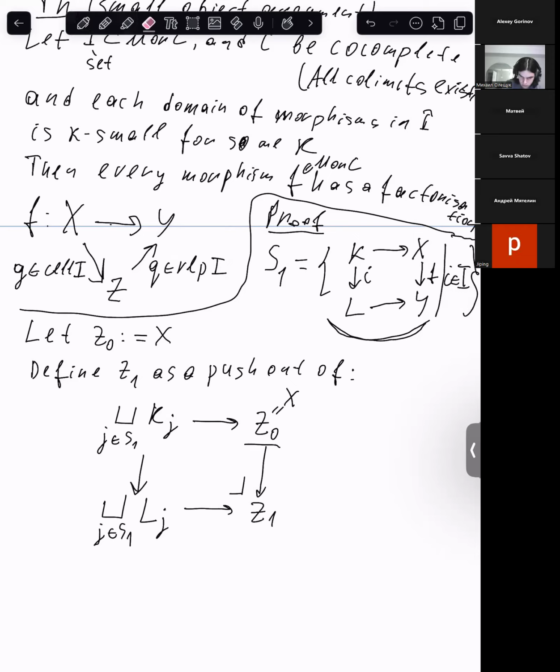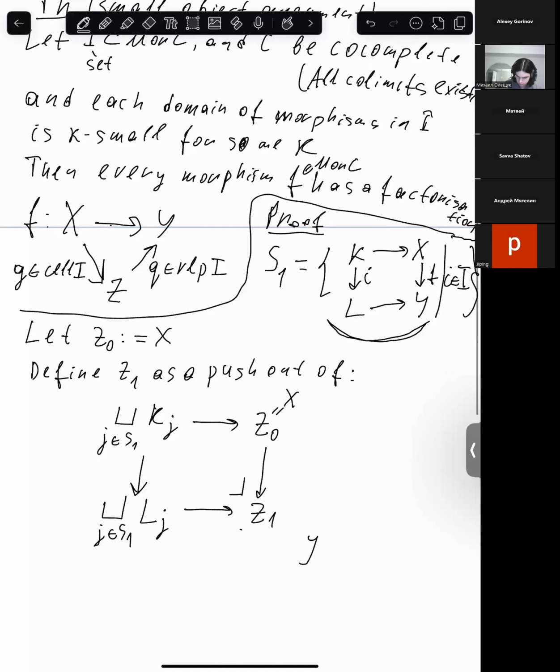So we get a big object that is X with many attached cells. And we want a morphism from Z1 to Y.